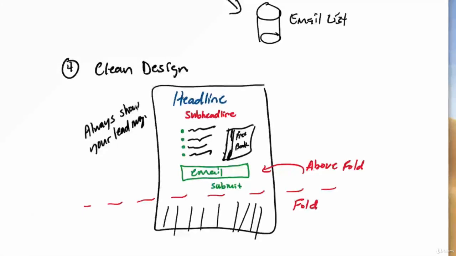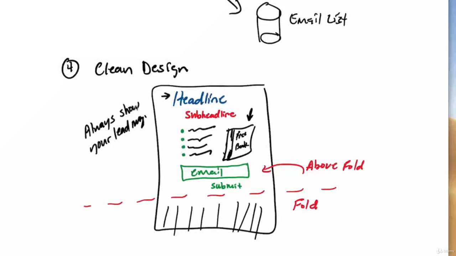But ultimately, you want to have everything that someone needs in order to know why they should opt in and give you their email address above the fold, so they don't even have to scroll, right? You only have a few seconds to capture people's attention. That's what this headline is designed for. It's to capture the attention. The freebie is designed to, again, capture the attention, right? And then you want them to see a clear path to opting into your list.